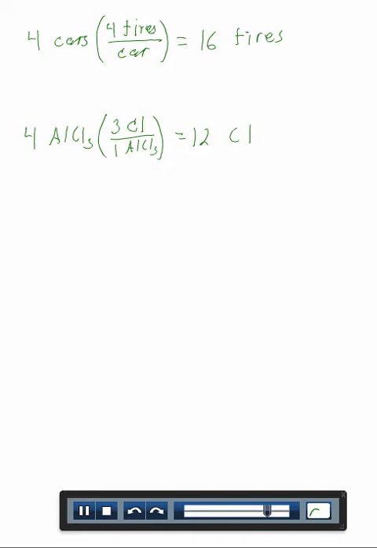Now I want you to notice how these units are handled. These words can be handled just like numbers. So here I have 4 times cars. And then I multiply by 4 times tires per 1 times car.